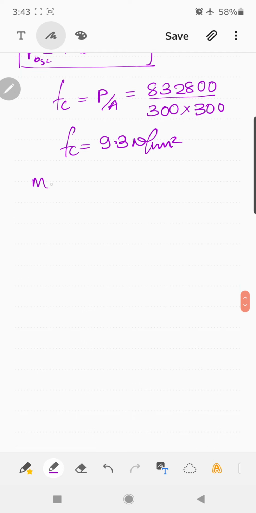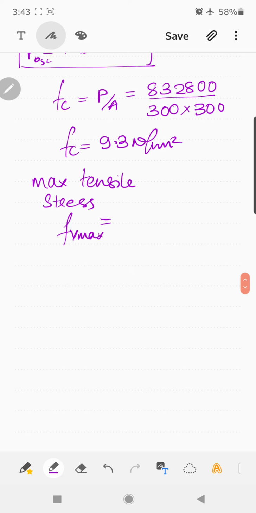Maximum tensile stress, FV max, is equal to FC into bracket 0.98 minus 0.825 into 2yp0 by 2y0. If you want the formula, I can give you the formula again.